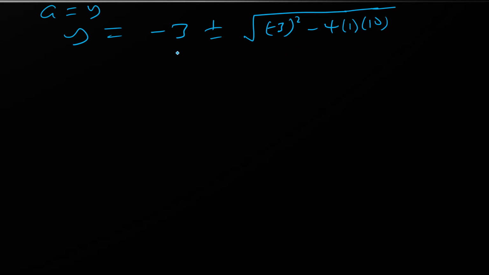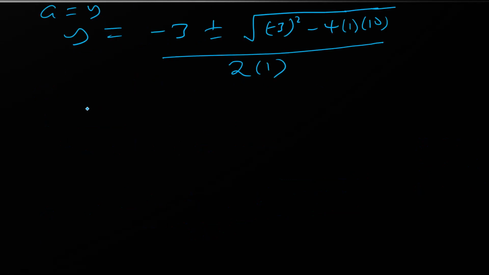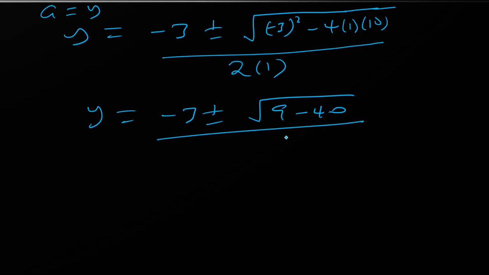All over 2 times 1. So minus 3 plus or minus the square root of 9 minus 40, over 2. So minus 3 plus or minus the square root of minus 31.